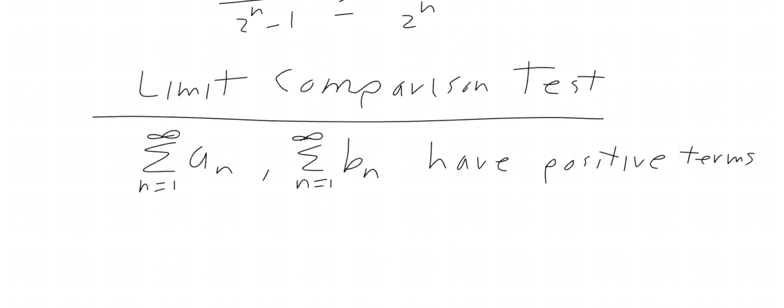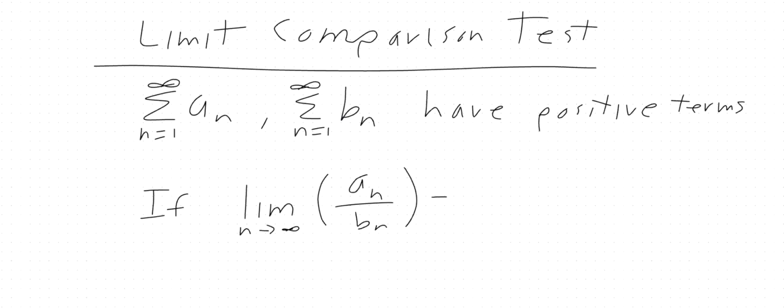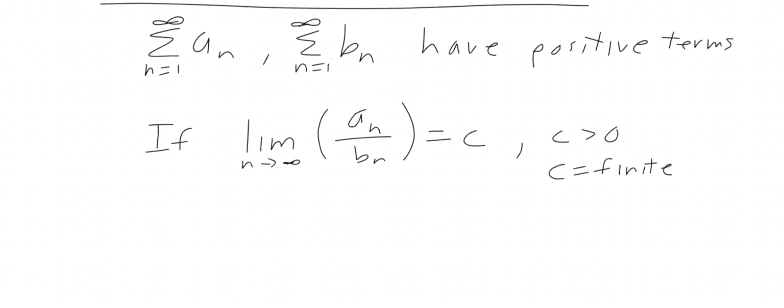So if the limit, and here's why it's the limit comparison test, as n goes to infinity of a sub n over b sub n equals some value C, where C is greater than 0 and C is finite. So it can't equal 0 and it cannot be infinity.